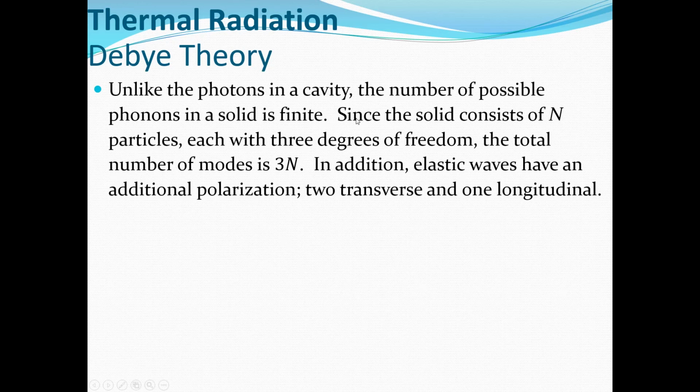Since a solid consists of N particles and each particle has 3 degrees of freedom, we can have at most the number of modes being 3N, because each particle has 3 different degrees of freedom.